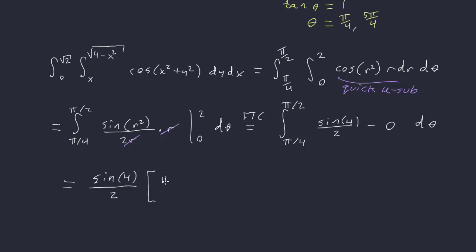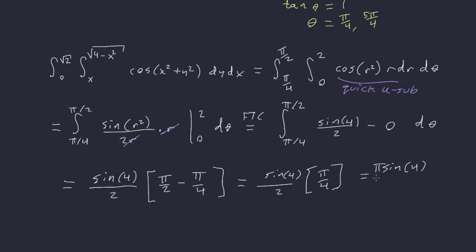The sine of 4 over 2 times the difference of the limits. So pi halves minus pi fourths is pi fourths. So we're going to get sine of 4 over 2 times pi over 4, which is sine of 4 times pi over 8. And there we go.